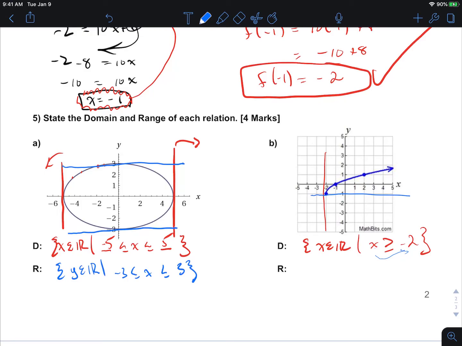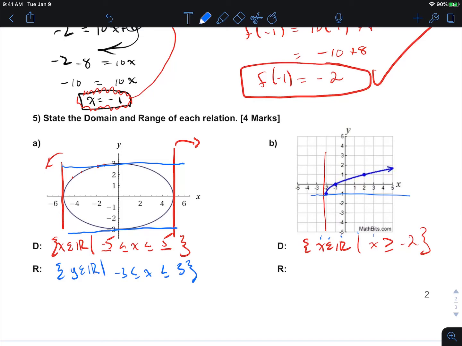Yeah, that's okay. Just for future reference, if I was reading this like a book, then it would not make sense. x is a part of the real numbers such that x has to be greater than or equal to -2. If you write -2 greater than, it's a little awkward to read.